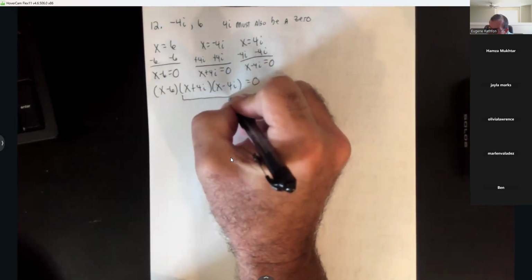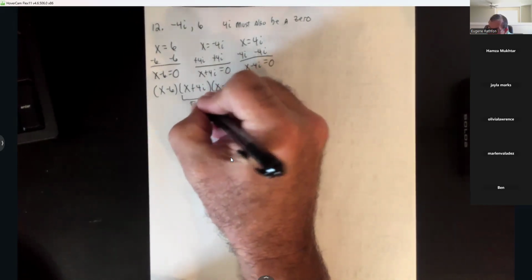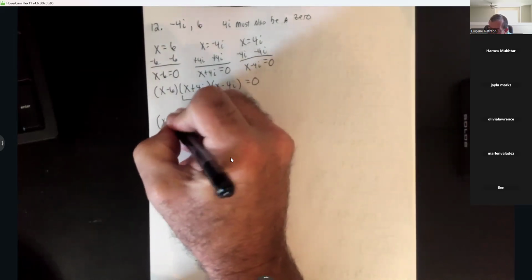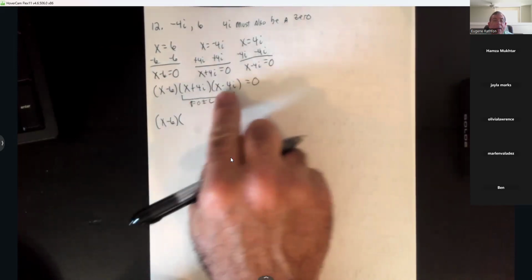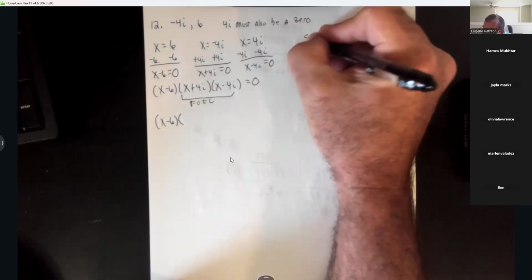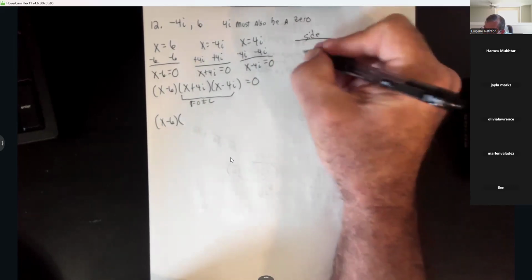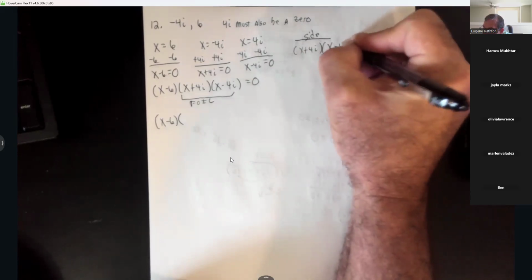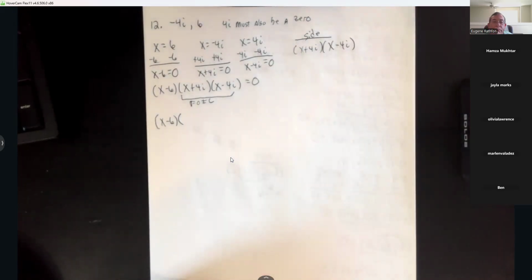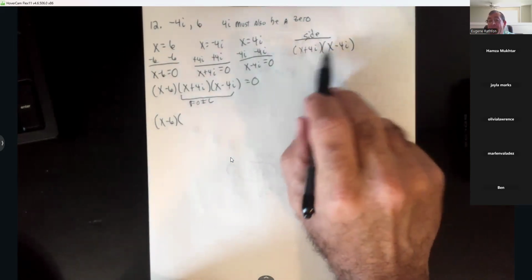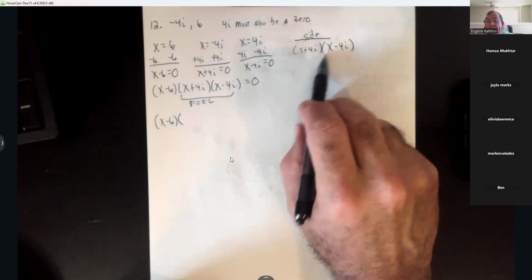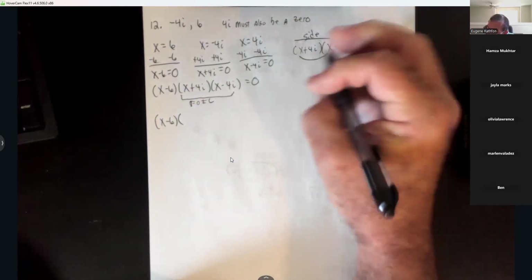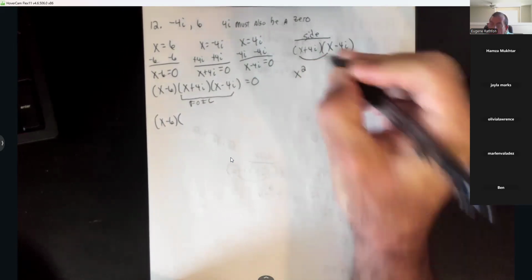All right, so what I'll do, I'm going to start out by filling in the imaginary stuff. So bring down that x minus 6, and that'll multiply by whatever we get out of this imaginary. So what do we got? x plus 4i, x minus 4i. All right, conjugate pairs again, so you can fast track this and do the shortcut method. First off, you got an x times x, which is an x squared.